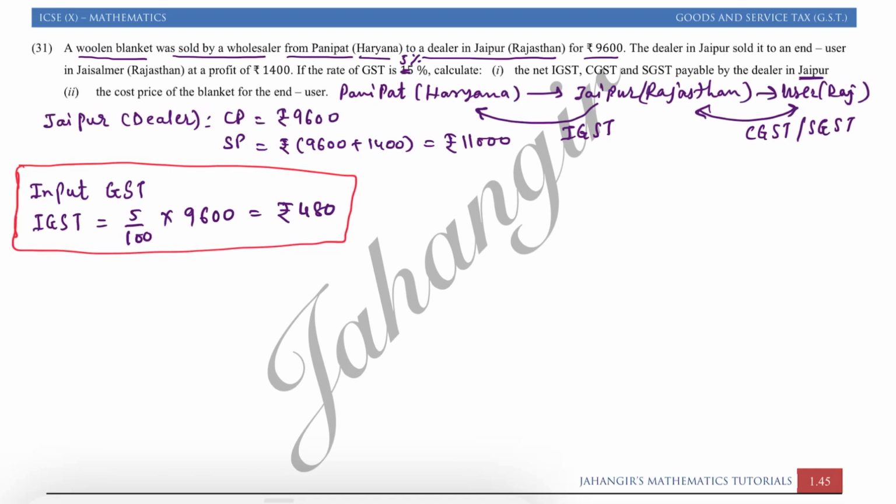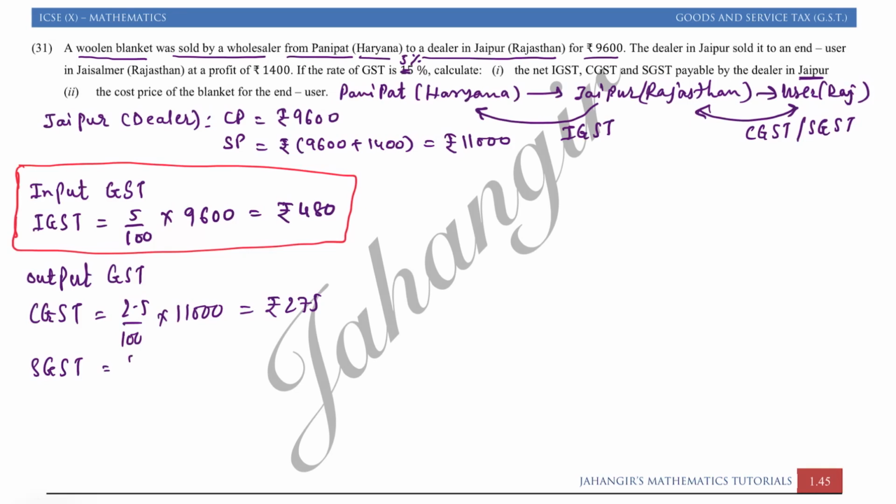Now I will find output GST. In output GST we will have CGST, that is equal to 2.5% of 11,000. That is equal to rupees 275, and SGST is again 2.5% of 11,000.